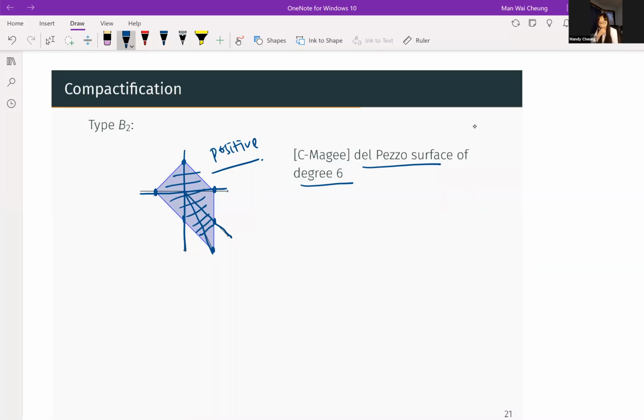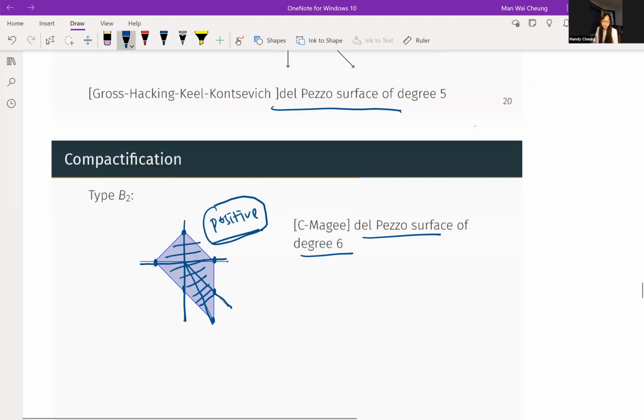I just want to say the theorem with Tim McGee and Alfredo's photography might seem very short, but actually determining if a set is positive or not, if you do not use broken line convexity, is highly non-trivial. From 2014, Gross, Hacking, Keel and Kontsevich did the A2 case. No one has ever really done this B2 case.